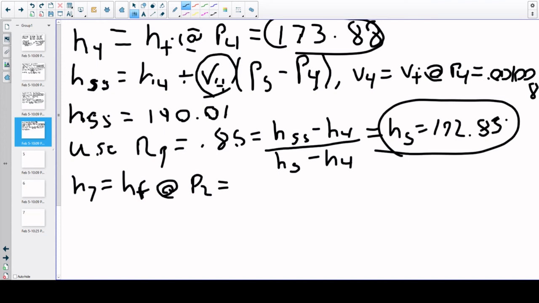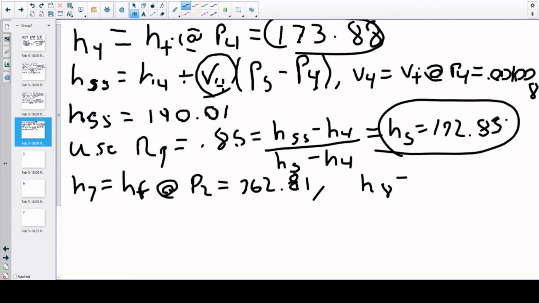It's at pressure 2, so it will lose enough of its heat that it stays saturated, but it goes all the way down to liquid instead of a vapor mixture. And so we have our HF to be 762.81 at pressure 2.